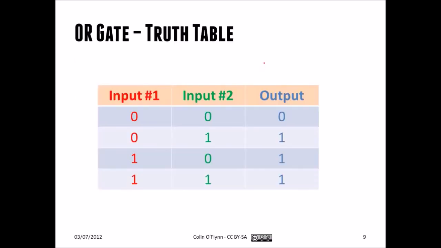So this logic we call an OR gate, and we write it down in a truth table. Here we just say for each input, every possibility, we give what the output is. So if the input is 0, 0, the output is 0. If one of the inputs is 1, or both of them, the output's always 1 in this case. The name we give that is OR, because if one or the other is 1, the output's 1.